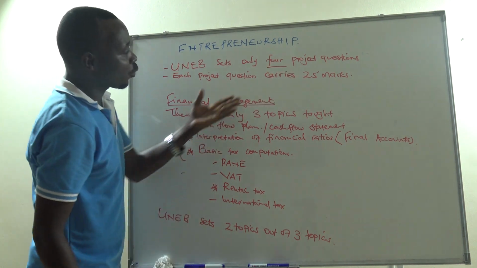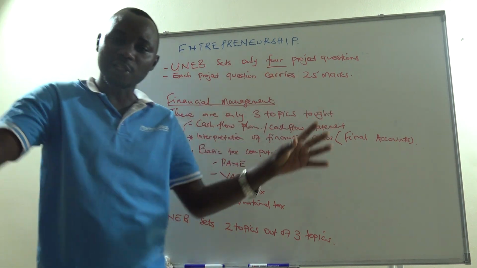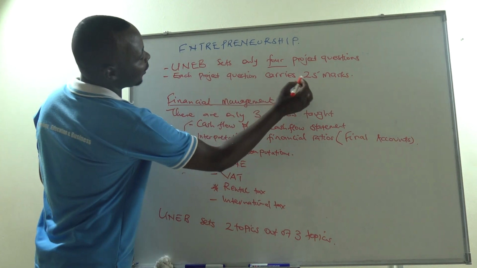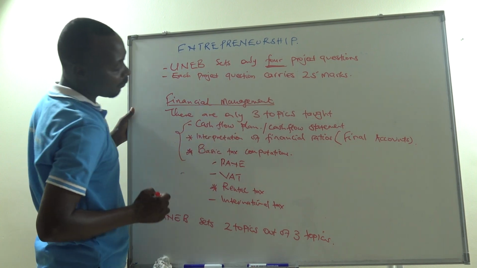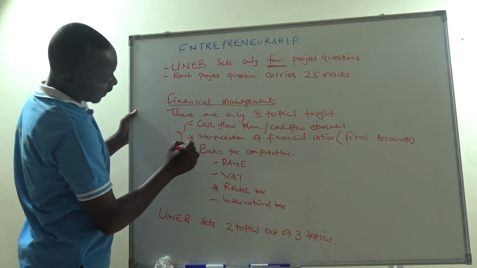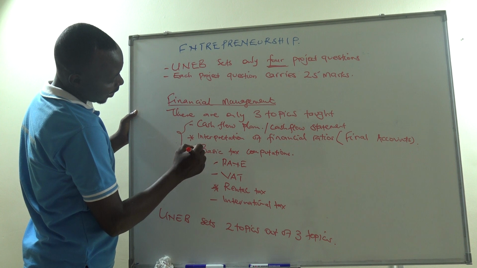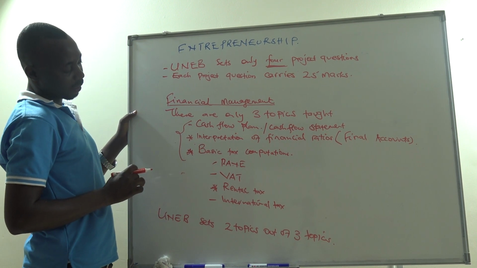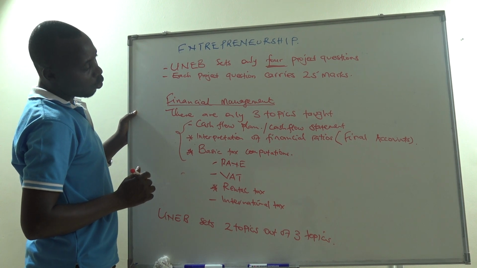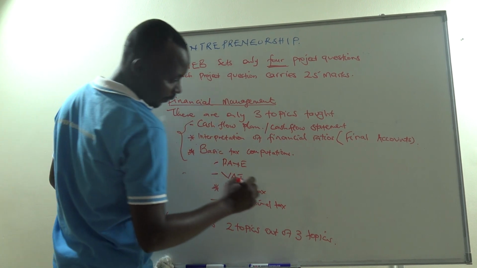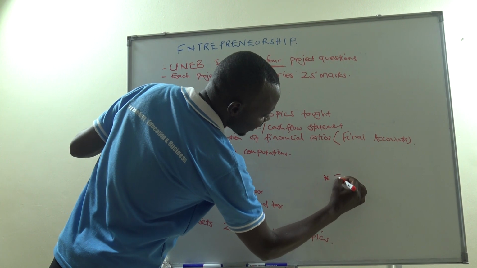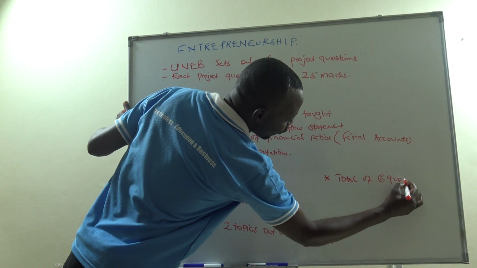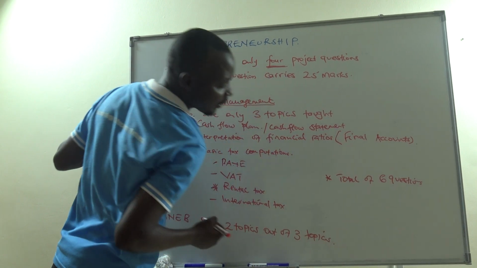Then 4 projects. Where do projects come from? From the general subject. Therefore, after setting the 4 questions from projects and 2 questions from financial management, it gives us a total of 6 questions set.